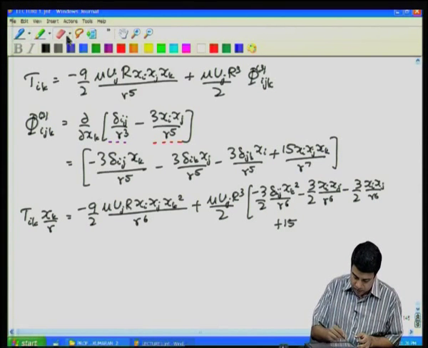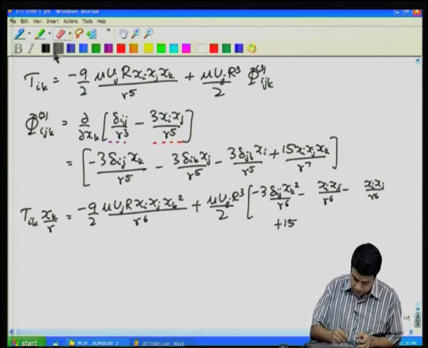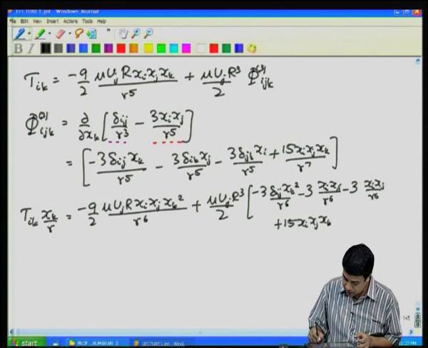I should remove the 2's here because the 2 is already outside. x i x j x k square by r power 8.